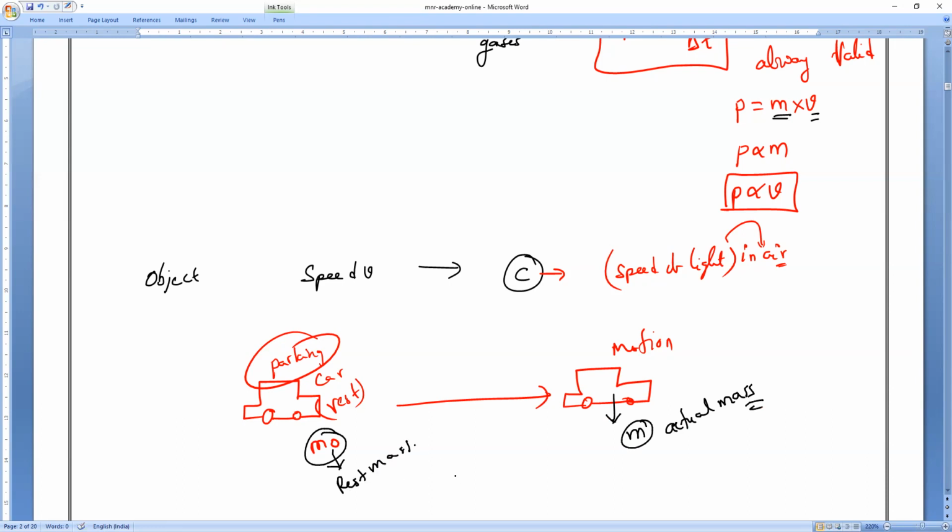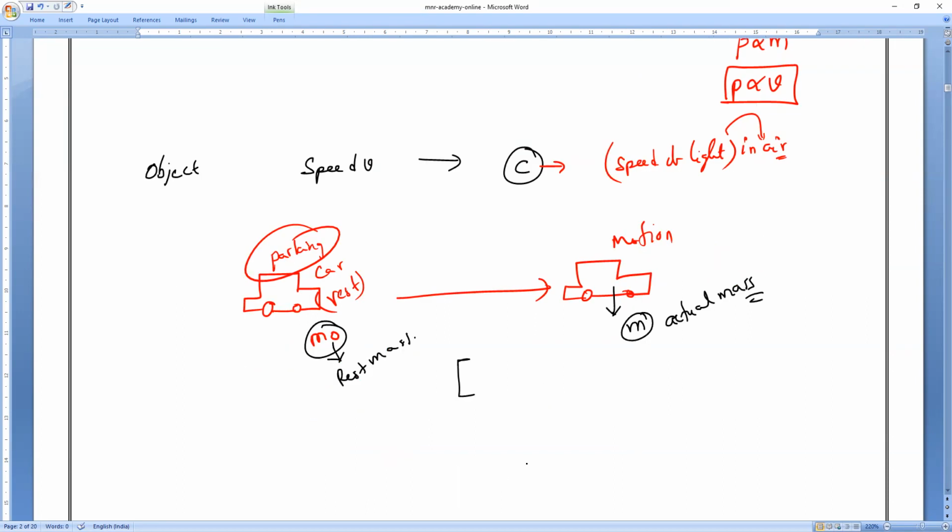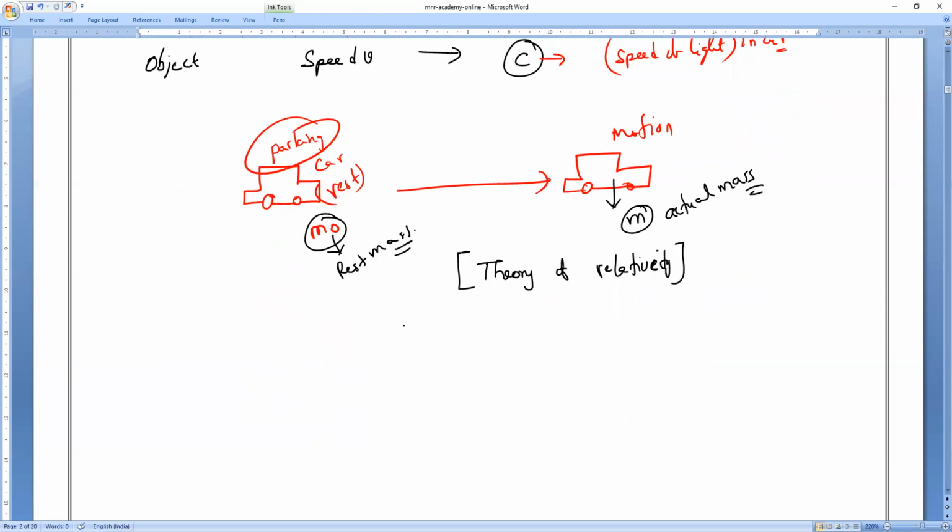This is called the most important and very popular Einstein theory, the theory of relativity. When our body is in motion it experiences its actual mass, and when it is at rest it has the rest mass. So how to find the actual mass?